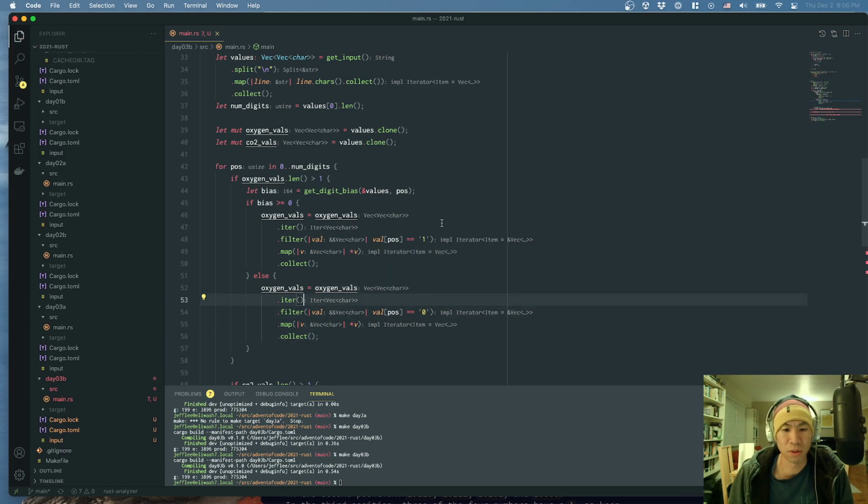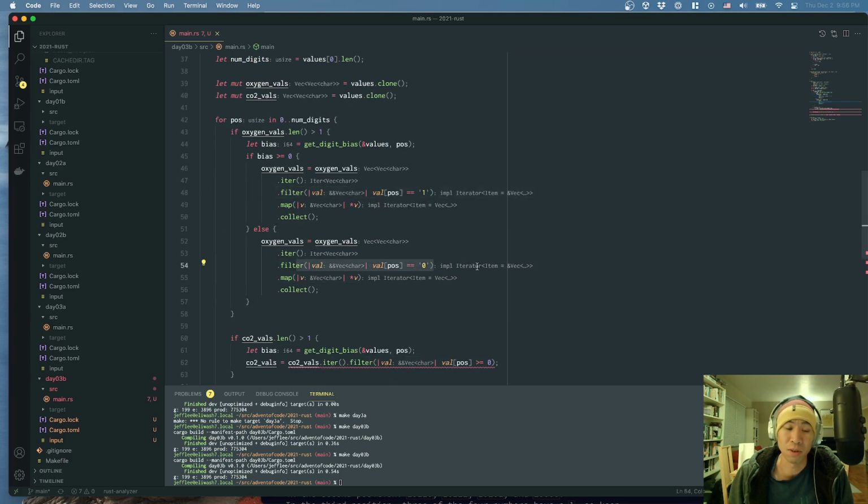Okay, so the real important logic is the fact that we're getting the bias, which tells us whether the 1s are more common or the 0s are more common, or if they're equal. If the 1s are more common or they're equal, then we want to keep every value that has 1 in that digit. Otherwise, we want to keep every value that has 0 in that digit.